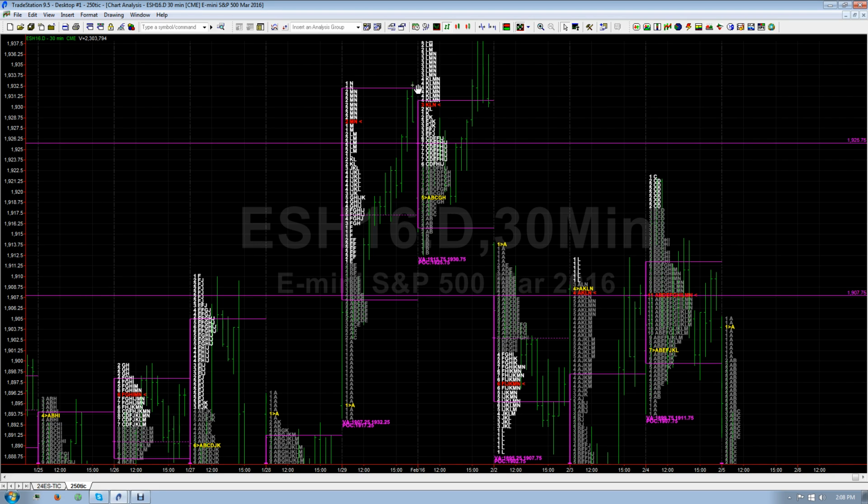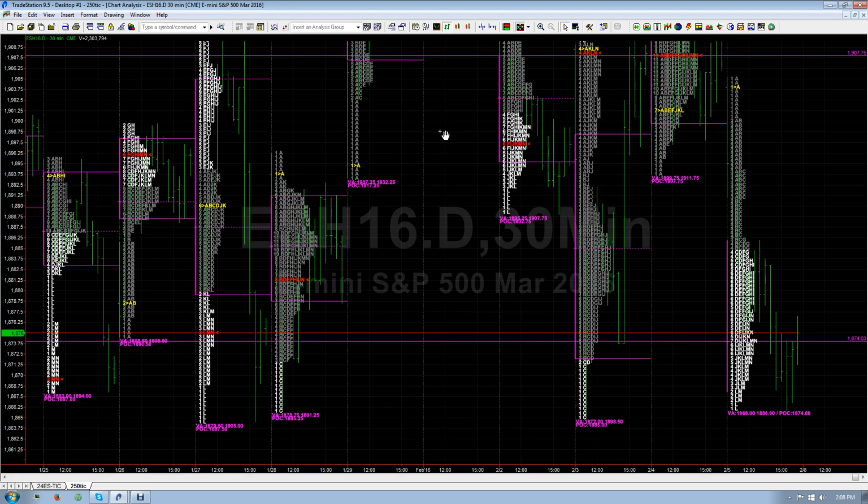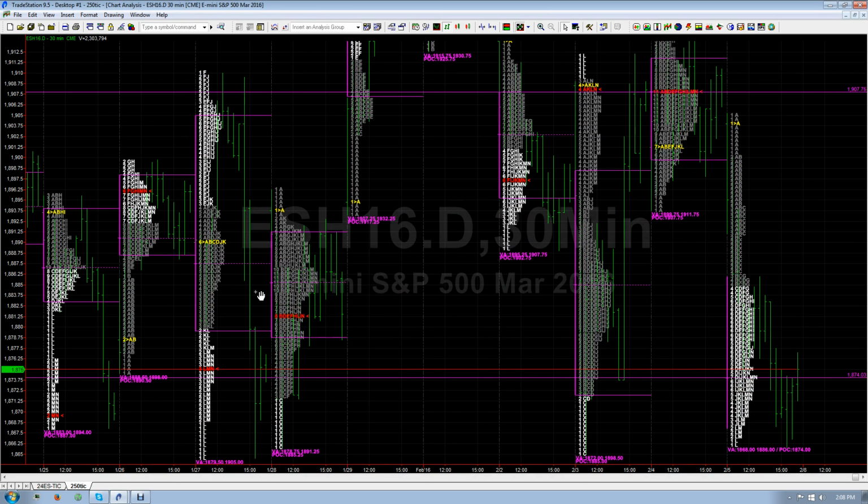Here, the market came down in this A and B period, and then in the same day it moved back up into balance. You'll get the same thing on a much larger time frame. You had a point of control here, and the market moved up, and then 1, 2, 3 days later it came back down and tested that VPOC. See?